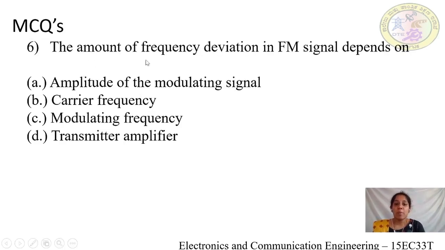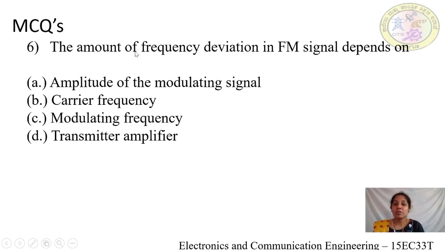Next, the amount of frequency deviation in FM signal depends on: option A, amplitude of the modulating signal; option B, carrier frequency; option C, modulating frequency; option D, transmitter amplifier. What is given?